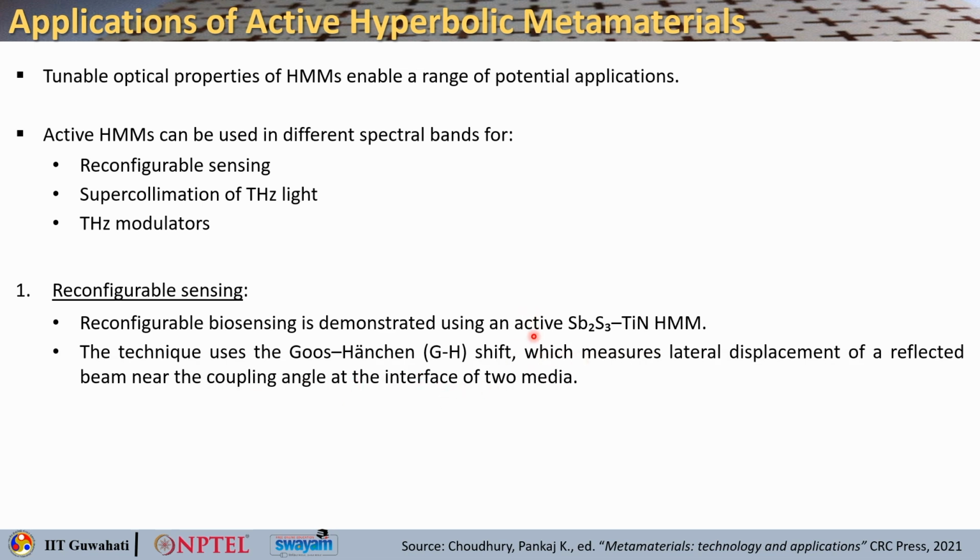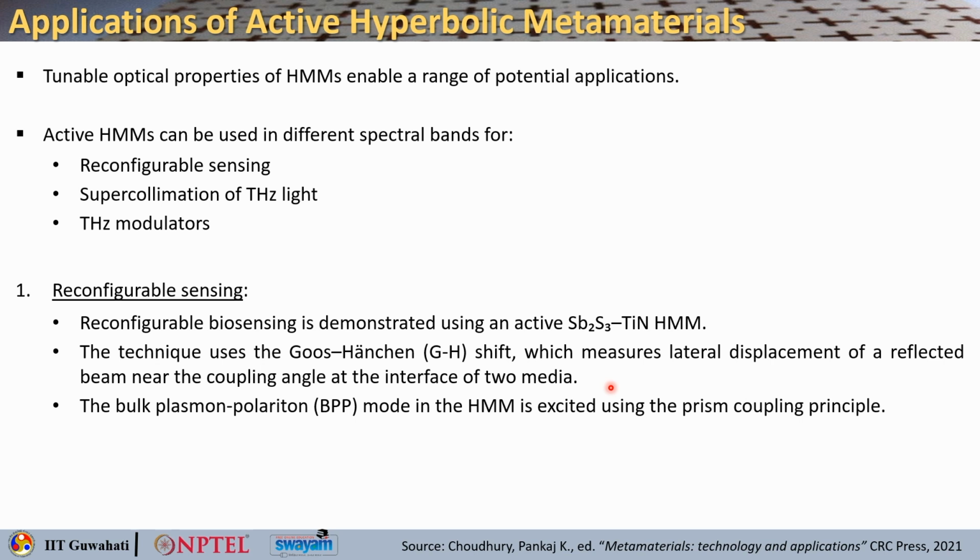That is basically using an active, antimony trisulfide hyperbolic metamaterial. So, the technique here uses the Goos-Hänchen shift, in short you can call it the GH shift, that basically measures the lateral displacement of the reflected beam near the coupling angle at the interface of two media, right. We will show you an example in the subsequent slides.